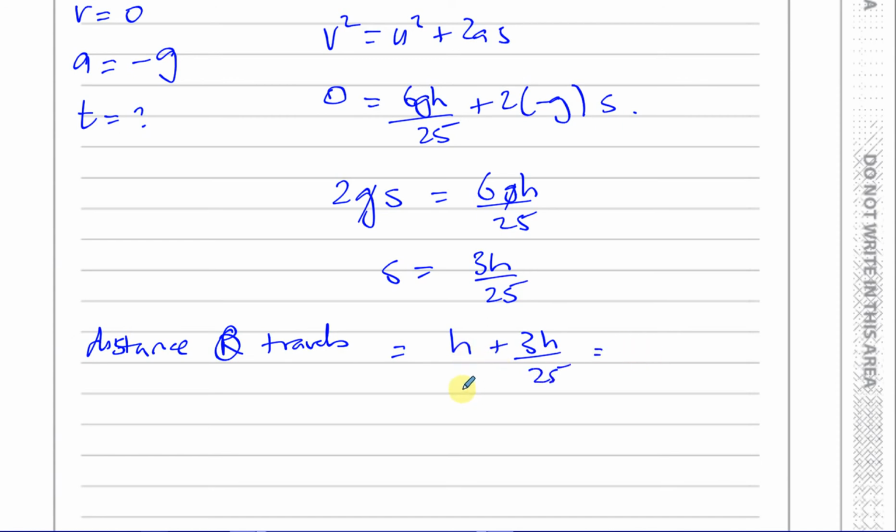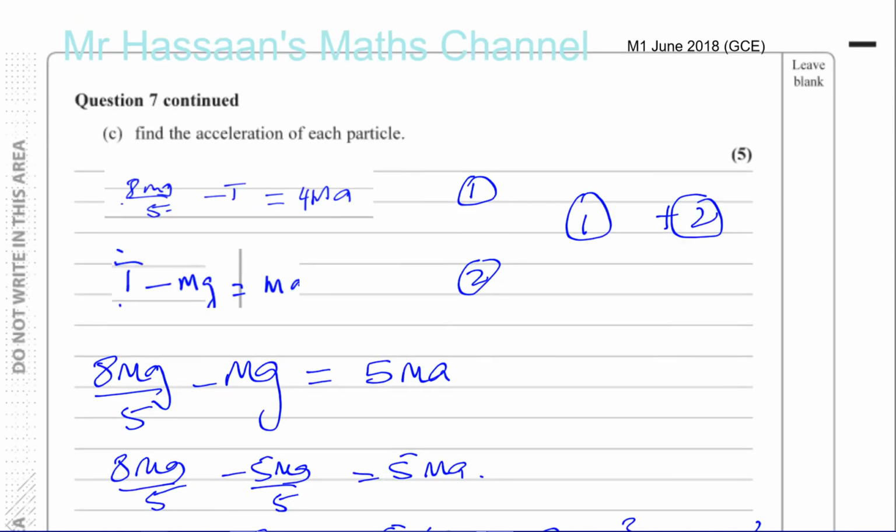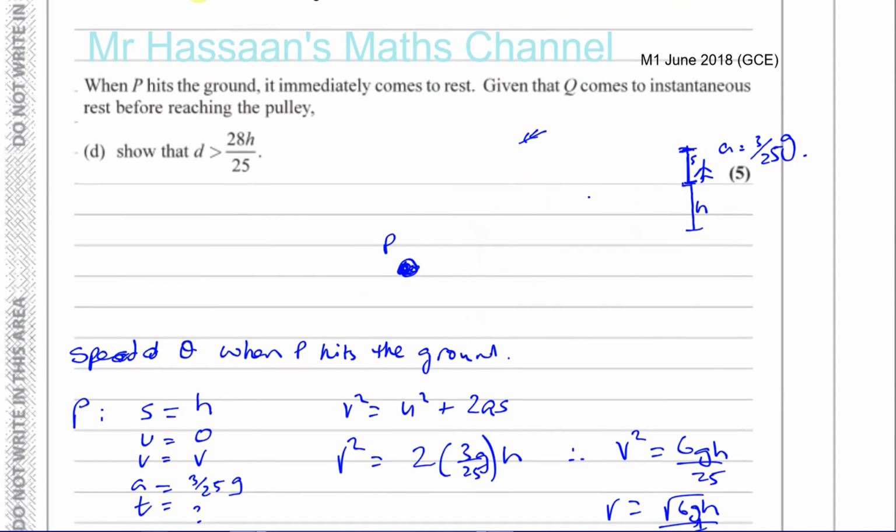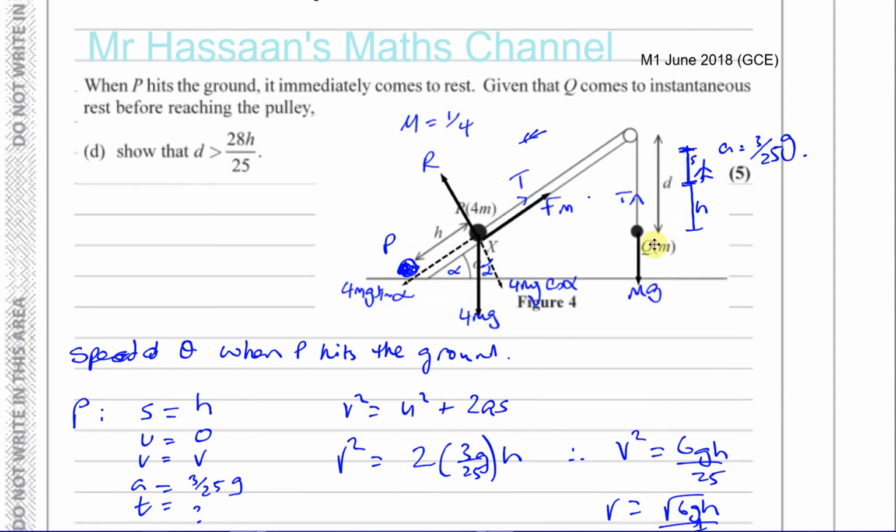So as Q has travelled 28h over 25, this distance d has to be bigger than 28h over 25. That distance must be greater because Q travels 28h over 25 and doesn't reach the pulley. It comes to instantaneous rest before reaching the pulley.